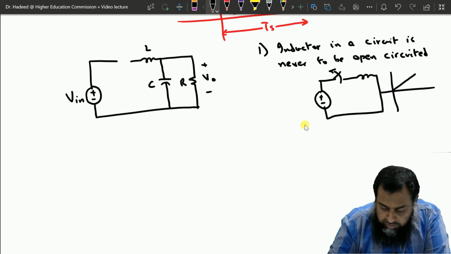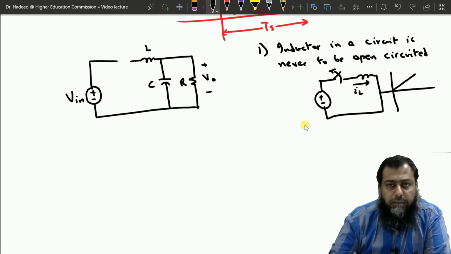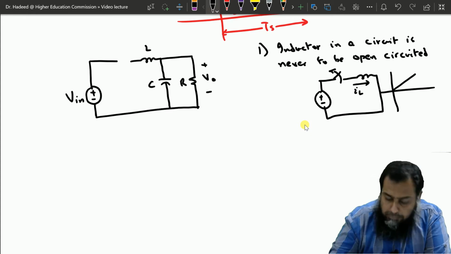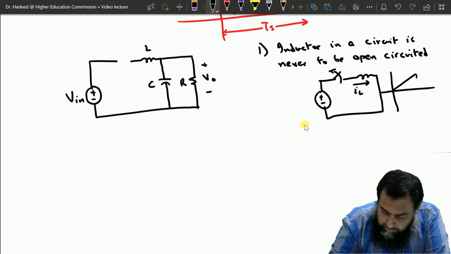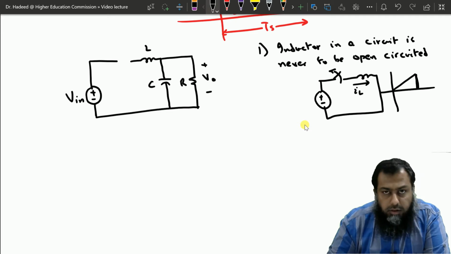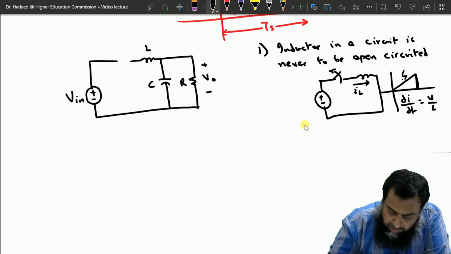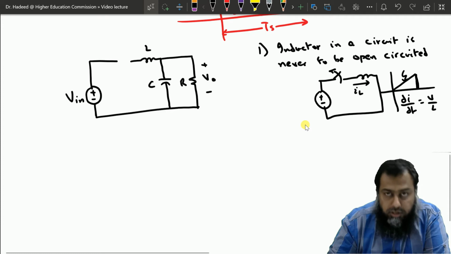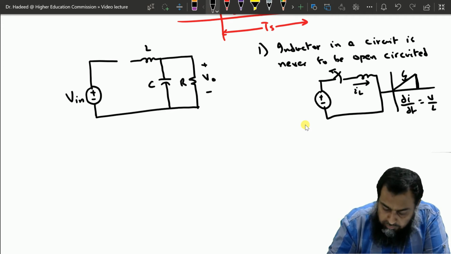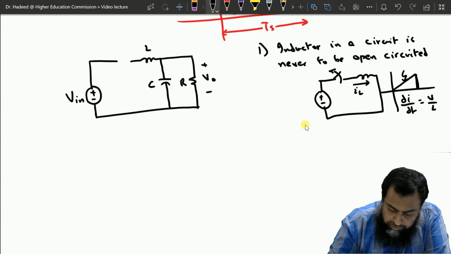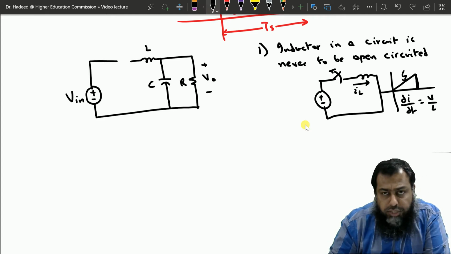This means that we are disconnecting this inductor current IL, and disconnecting means we want to have an abrupt change in the inductor current. Now if you notice here, di over dt is equal to V over L, and this is what was happening for this particular ramp. At time t equal to 0, let us say, we turn off this particular switch, thereby forcing the current to immediately become equal to 0.